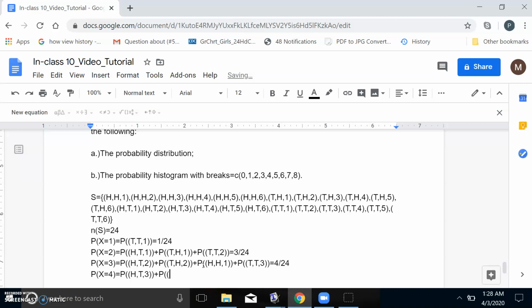Or we could have a tail, a head and a 3. Or we could have 2 heads, and that'd be 2, so we need a 2 then. Or I could have all tails and a 4. So actually this one's 4 out of 24 also. Okay, moving on.